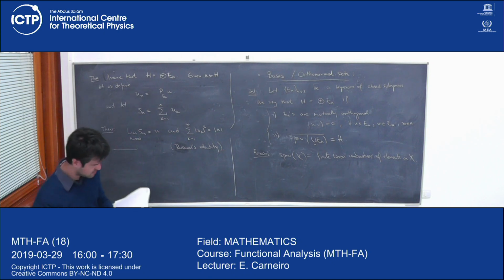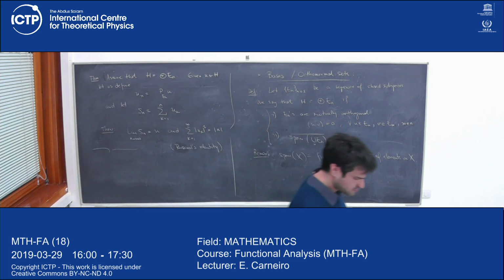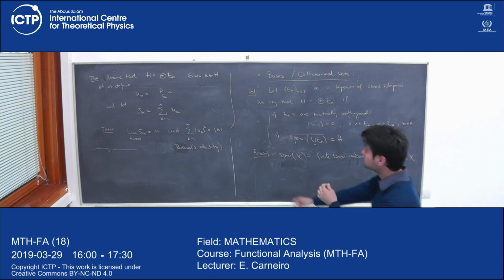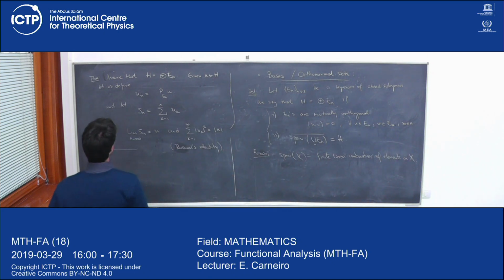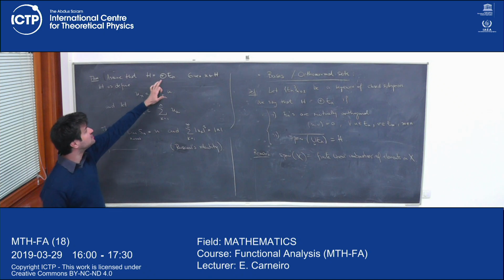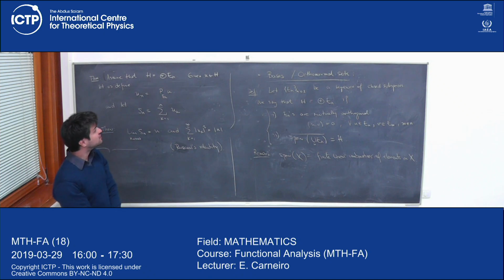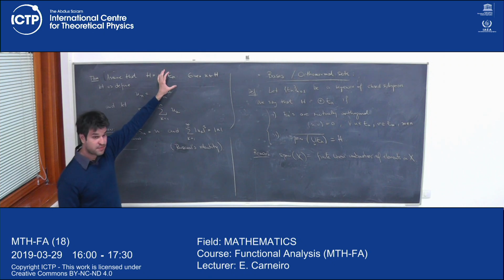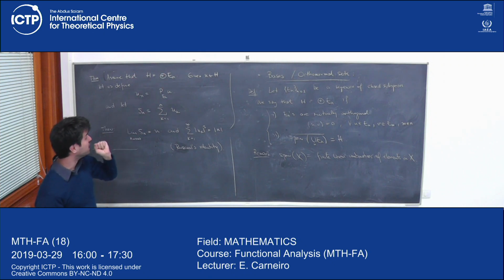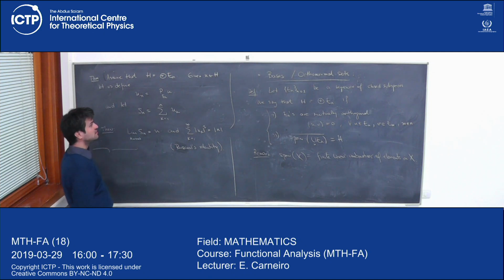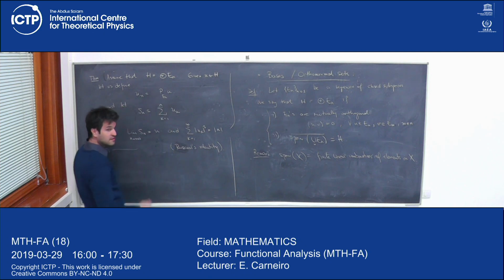Let's do this. I'm assuming that I'm writing my H as a direct sum of closed subspaces, meaning that they're mutually orthogonal, and the span of the union is dense in H. Given u in H, let us define the projections u_n, and let's take the partial sums S_n, the sum of the projections u_k up to n.